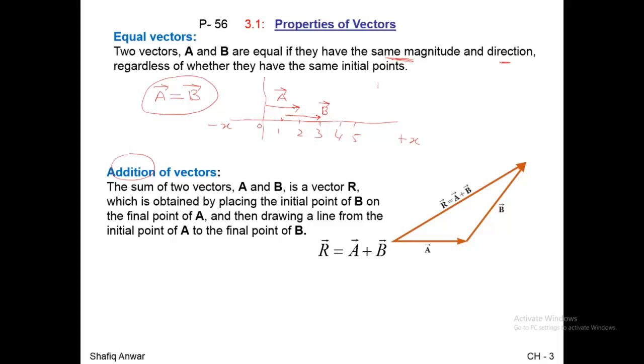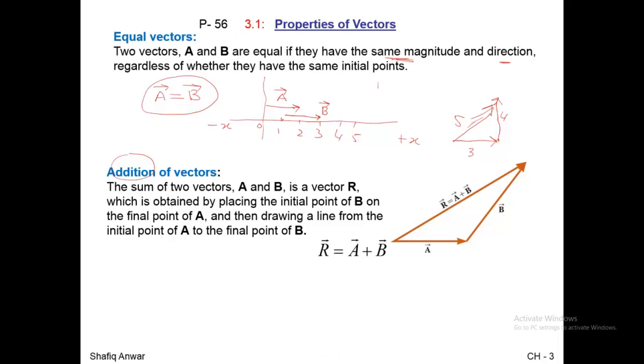But when you add two vectors, one having magnitude 3, for example, and the second having 4, the resultant vector is not 7. It will be 5.